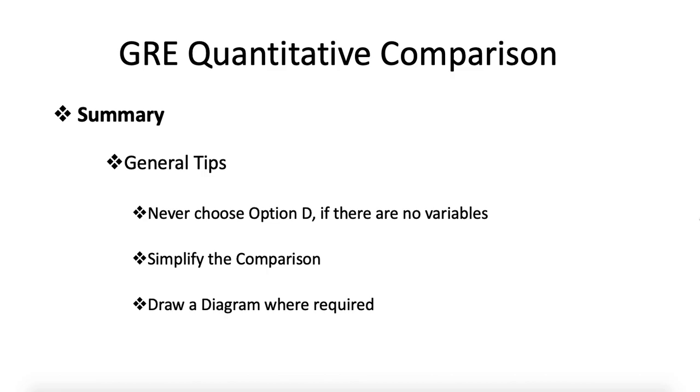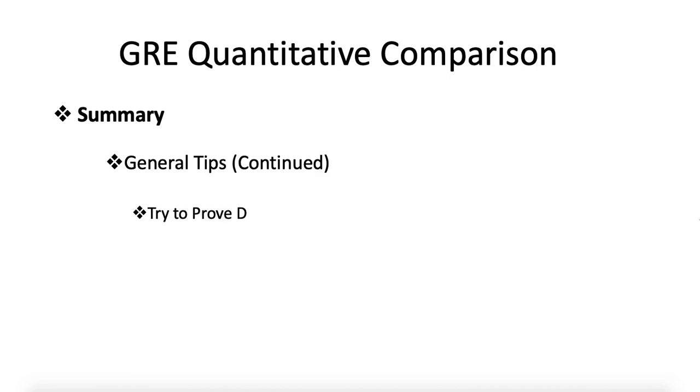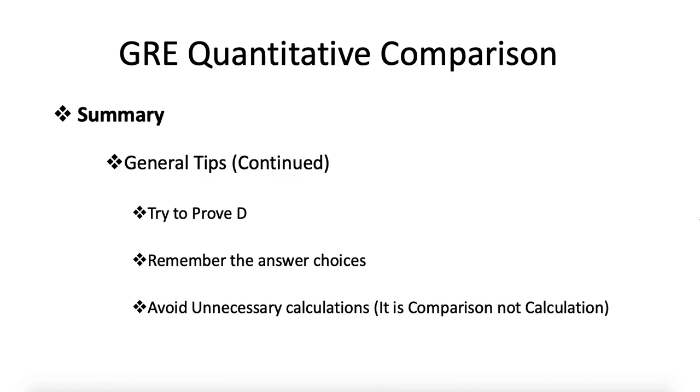Draw a diagram where required, mainly in geometry, and don't assume the variable's nature unless specified. Try to prove option D is the required answer in the variable case. Remember the answer choices. Avoid unnecessary calculations. It is a comparison, not a calculation. And focus more on algebra. So this was all about quantitative comparison.